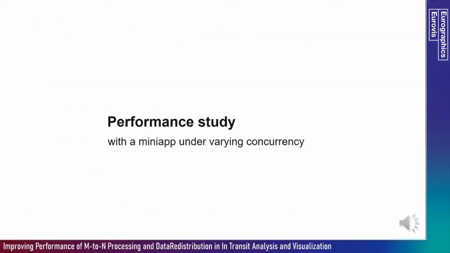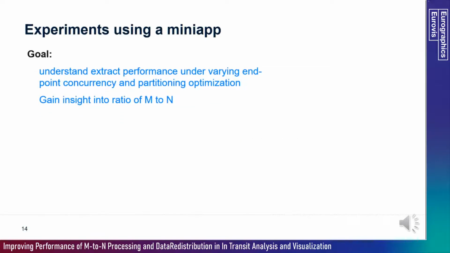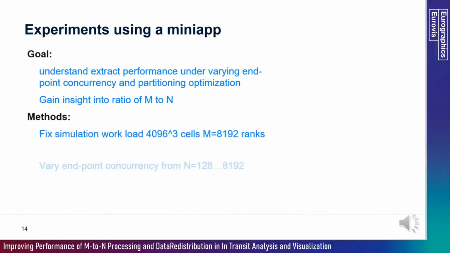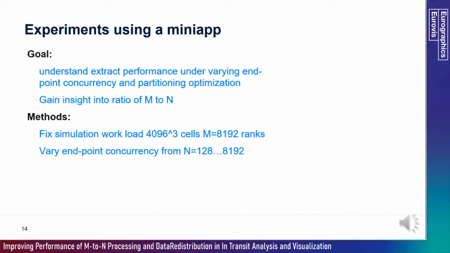Moving on to our performance studies. First, we're going to present results obtained by running a mini app under varying concurrency. The goal of these experiments is to understand extract performance under varying endpoint concurrency and assess the different partitioning optimization strategies. We also want to gain insight into choosing the right ratio of M to N for extract operations. In the experiments, we fix the simulation workload with a mesh size of 4096 cubed cells and always run on M equals 8192 ranks.